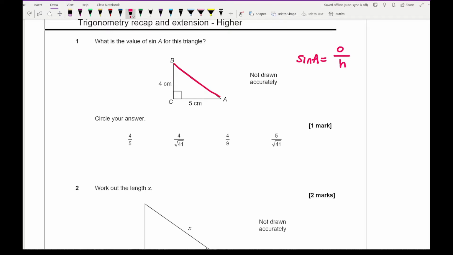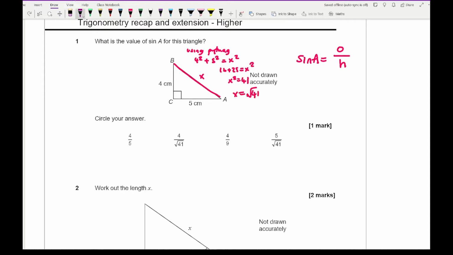So using Pythagoras, we get 4 squared plus 5 squared equals, let's just call this x squared. So that then becomes 16 plus 25 equals x squared. So x squared equals 41. So x equals the square root of 41.